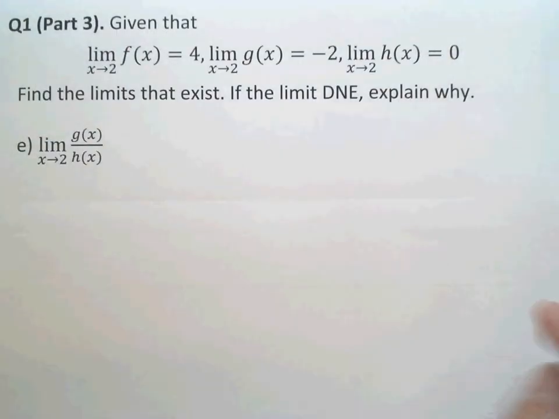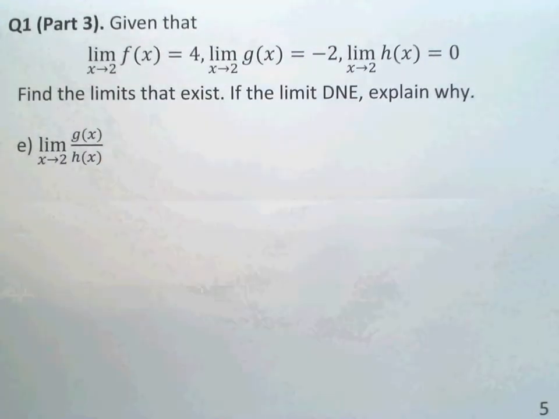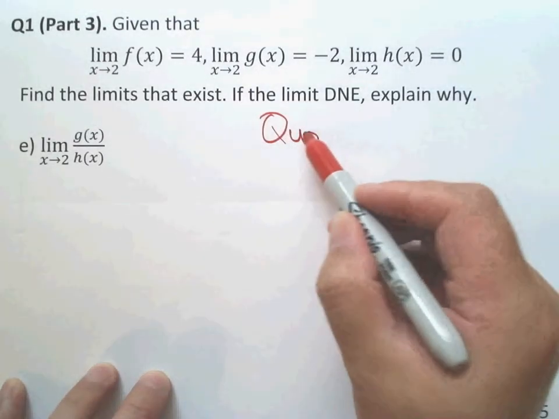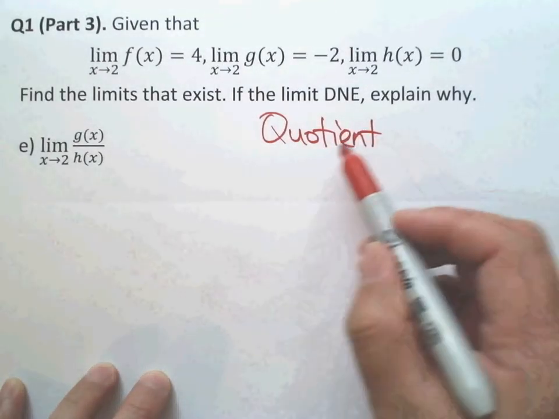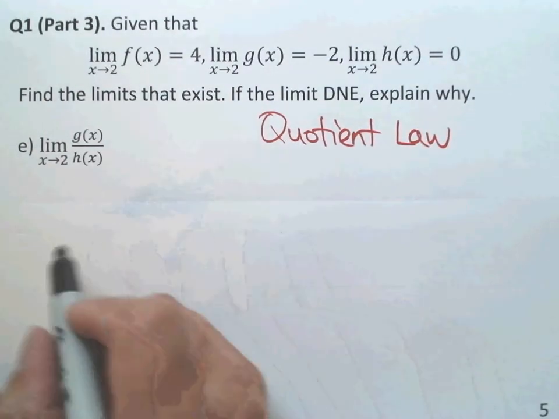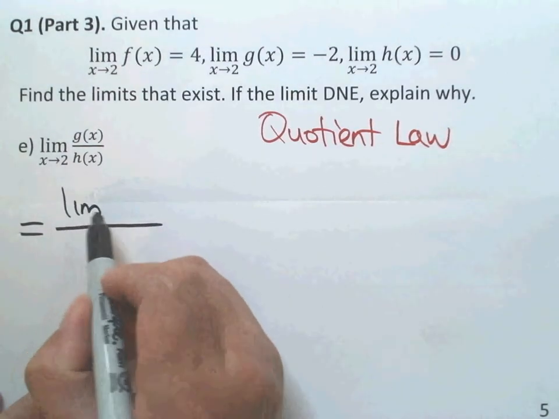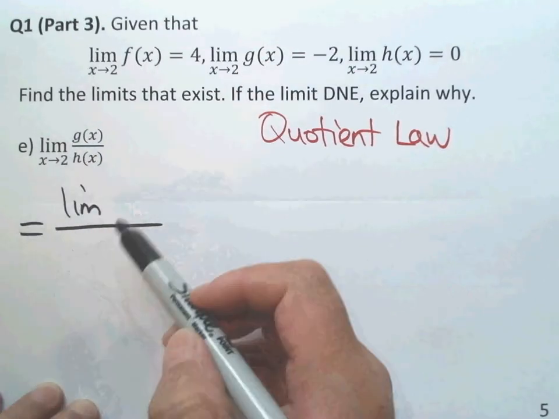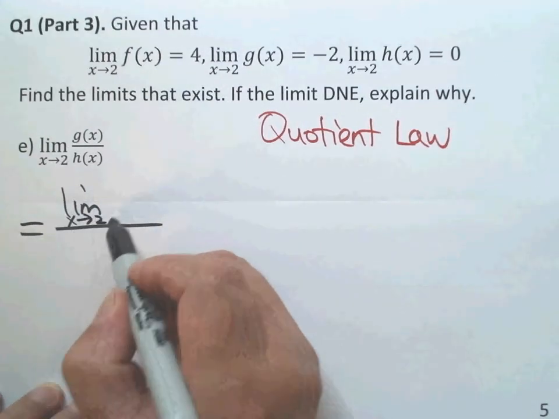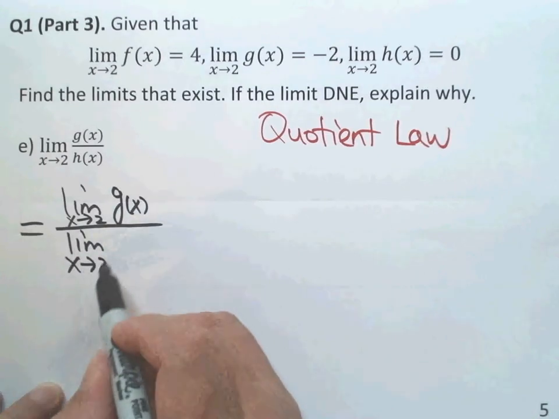One more part. All of this is the rules. For the last one, this is also a quotient, so we still use the quotient law. However, we will get something different. The quotient law means the limit of the quotient is the quotient of the limits: the limit goes to the top and the limit goes to the bottom.